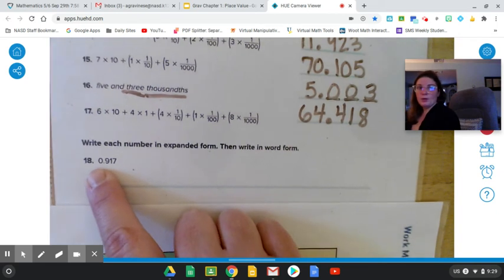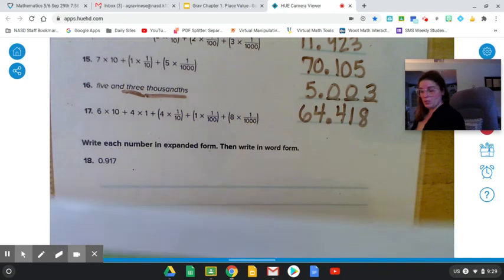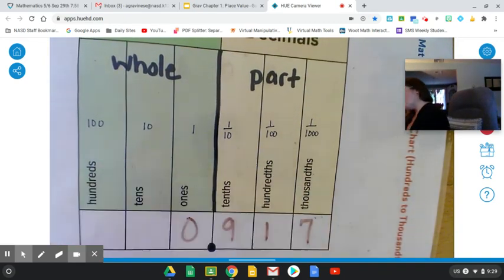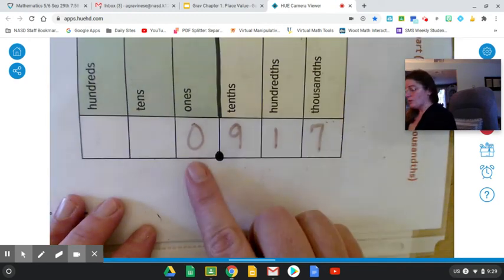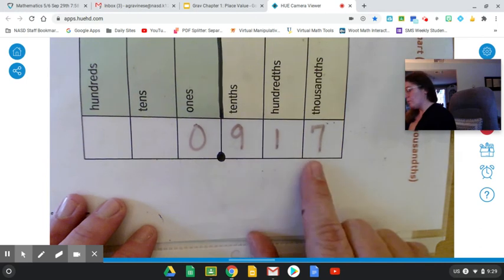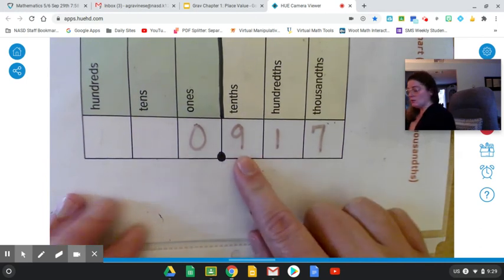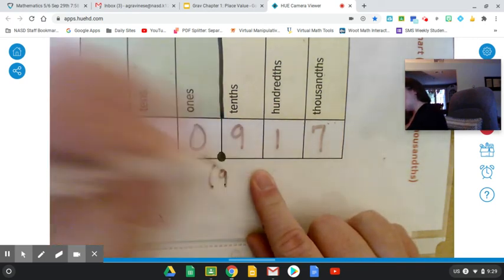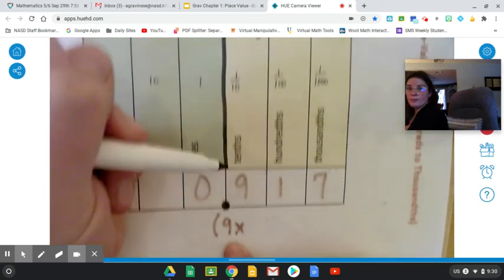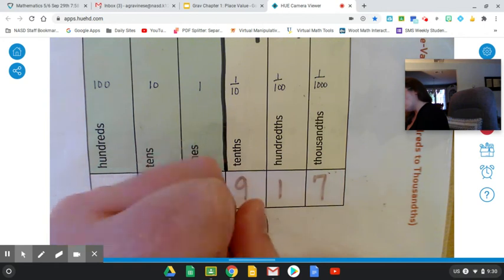For number 18, I'm going to actually use my place value chart. I have 0.917. Using a place value chart can really help you with expanded form. So expanded form is when I take each digit and write its value. I can ignore zeros in expanded form. So let's go straight to the 9. I have a 9, and it's in my tenths place. So I would write 9 times 1/10.